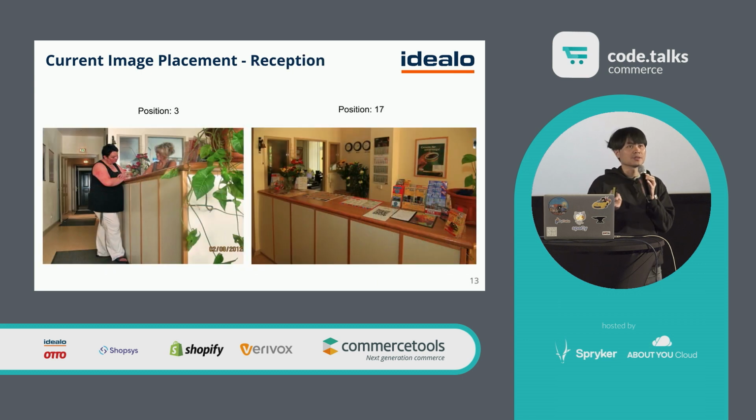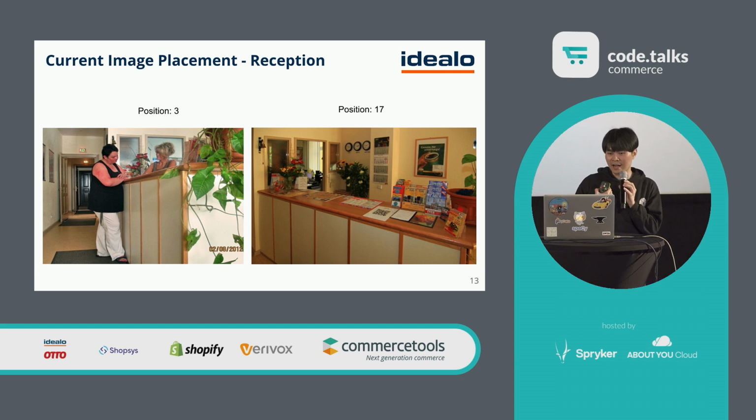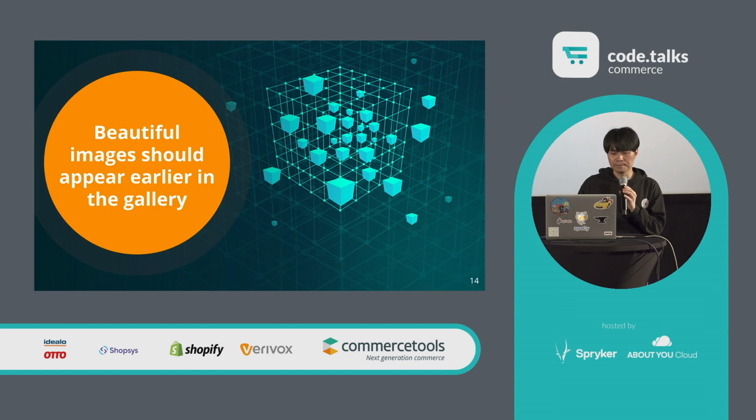Similar for reception: I don't think position 3 is really nice. Position 17 is still not very nice, but compared to position 3, it is much better. So one observation is that beautiful images should appear earlier in the gallery.